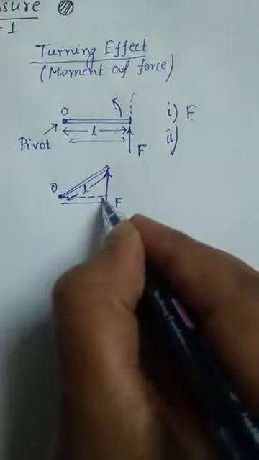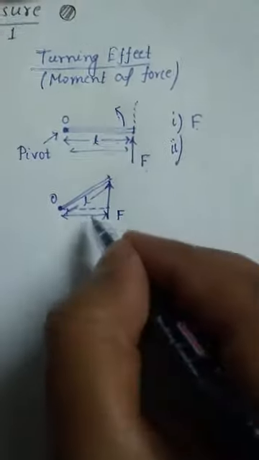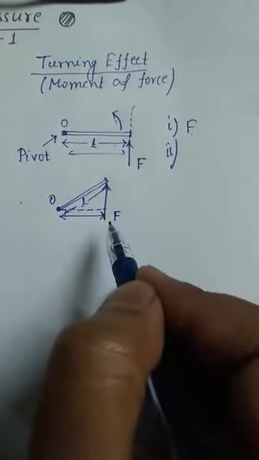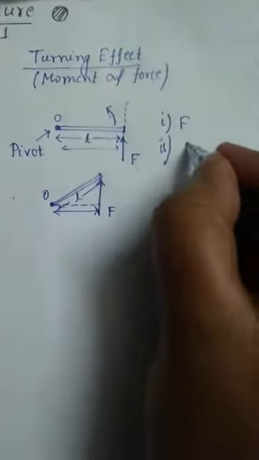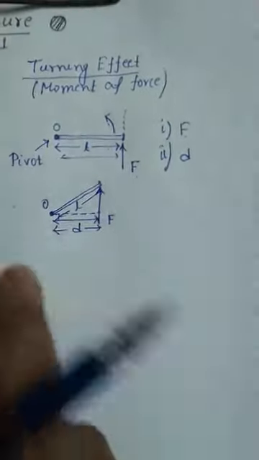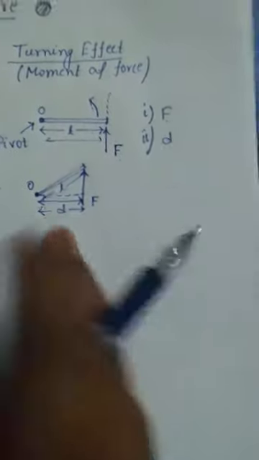This is the perpendicular distance, not the length of the rod. The perpendicular distance from the pivot to the line of action of the force, and we shall take it as D, the distance. So this is the perpendicular distance.